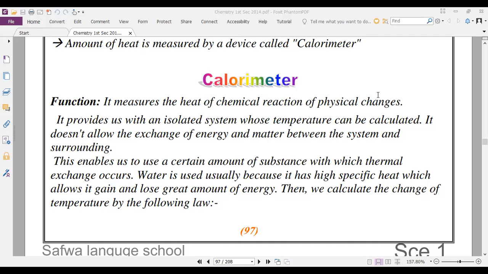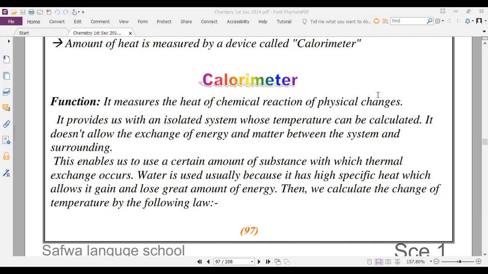What's meant by the function of the calorimeter? It measures the heat of chemical reactions or physical changes. And it provides us with an isolated system whose temperature can be calculated, and it doesn't allow the exchange of energy and matter between the system and surroundings.